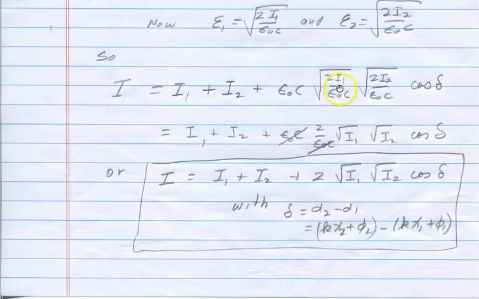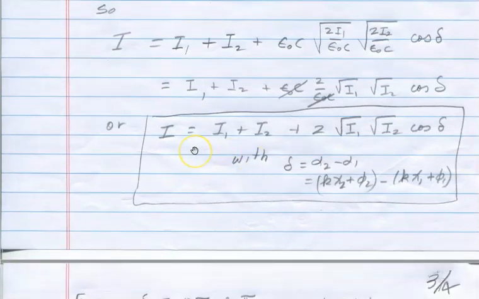And that's what I've done here. If you look at that, you'll have an epsilon c here and an epsilon c square rooted, epsilon c square rooted, so these will cancel. I get a square root of 2, square root of 2, so I get a 2, and I'm left with square root of I1, square root of I2.